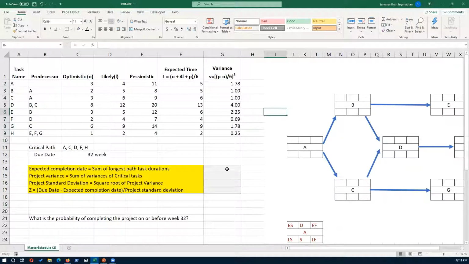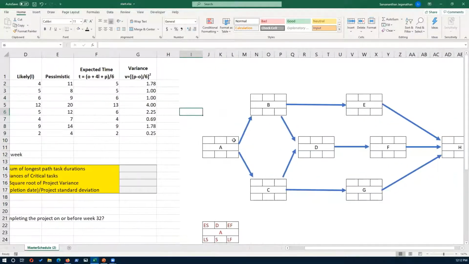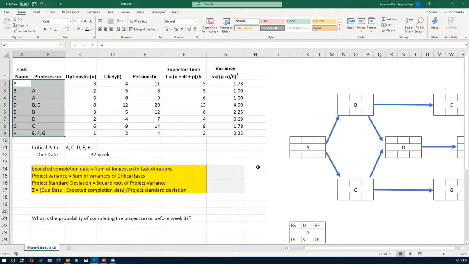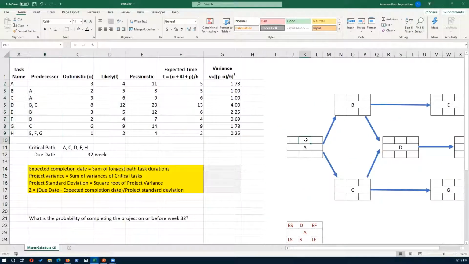And next, before you go and calculate the project variance or the expected completion time, you have to find the critical path. So to find the critical path, we can use this AON network, which I have already drawn based on the information given here, task name and predecessor. Now we'll need to fill this up. So I'm going to quickly fill up the durations here.